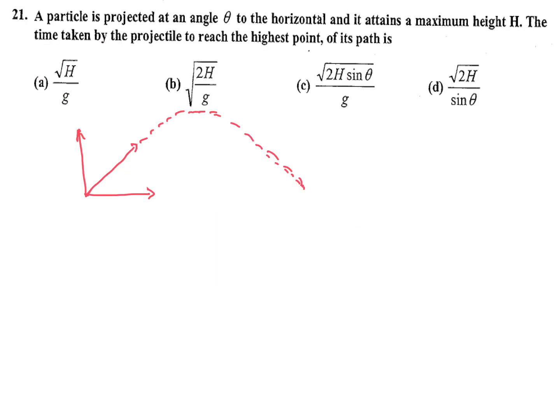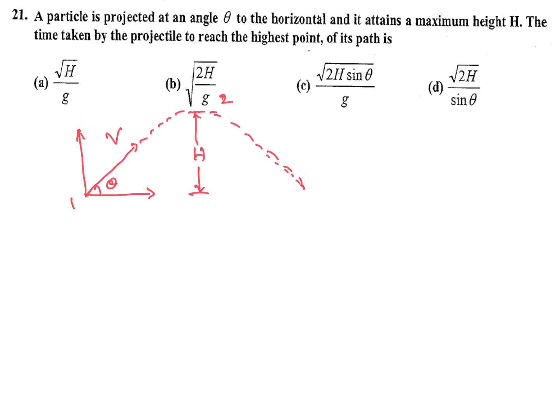A particle is projected at an angle theta to the horizontal and it attains a maximum height h. This is the maximum height h. The time taken by the projectile to reach the highest point, let it be from 1 to 2. How much time does it take?